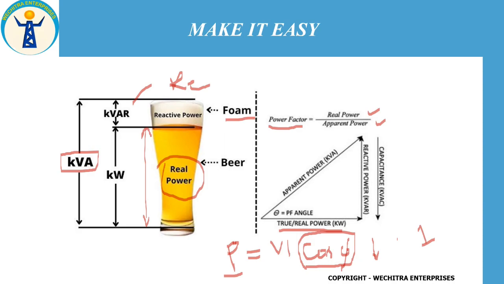So your cos phi should be near to 1. That's why we say to improve your power factor, so that you can use the maximum power you are getting from the distribution company, for which you pay.